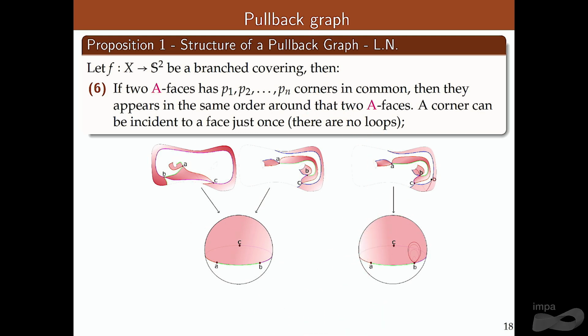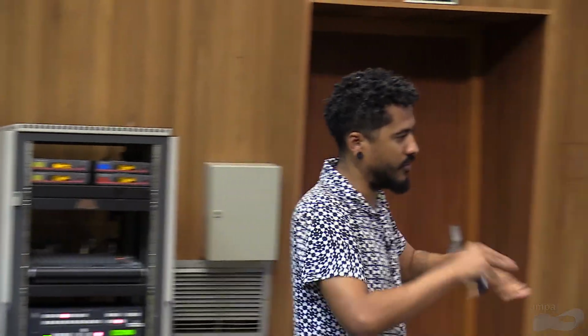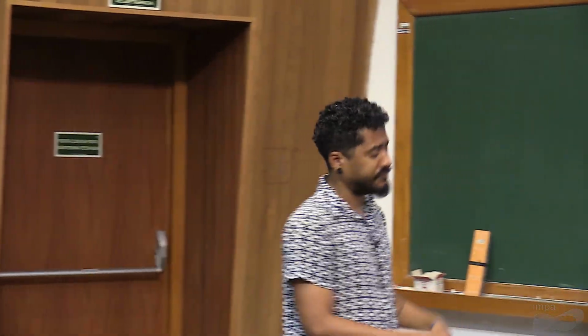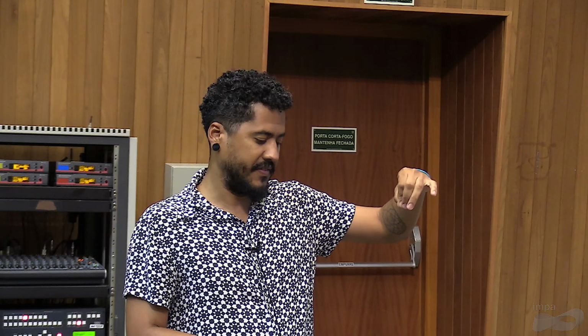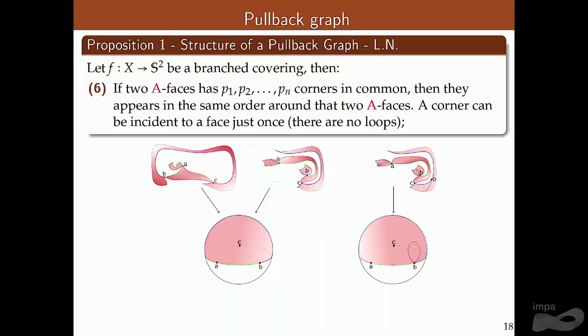So Thurston asked the question and provided a solution to the simplest case of branched coverings of the sphere, with the simplest possible configurations of critical points. Each critical point having degree 2 and with distinct images, like a Morse map.